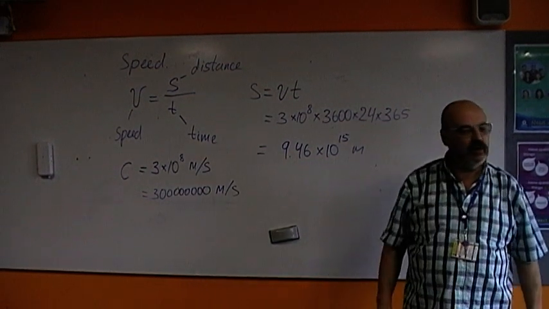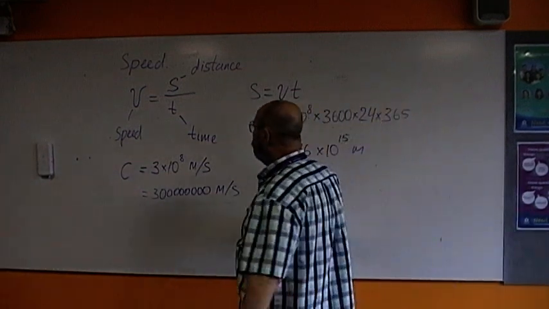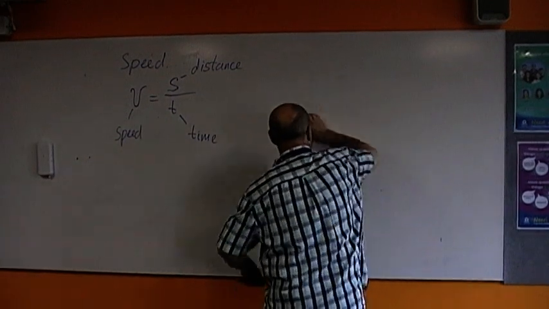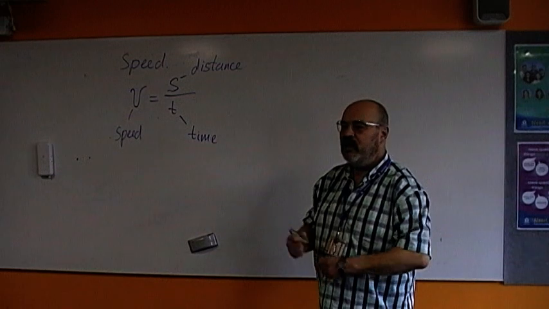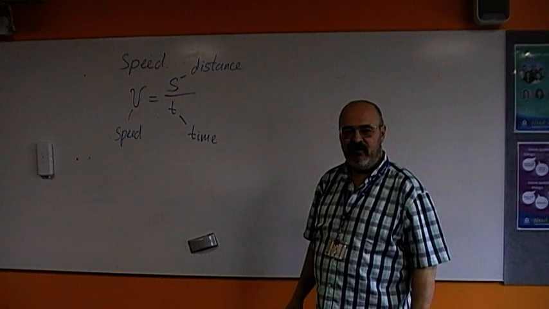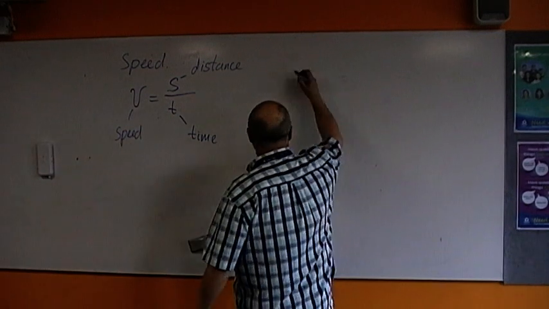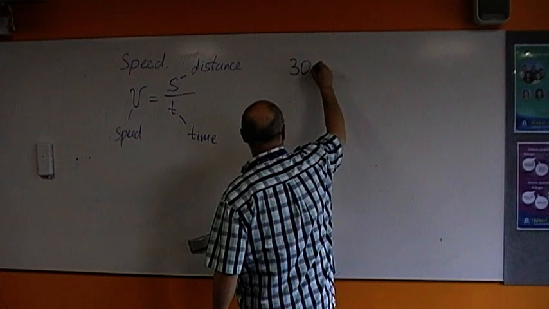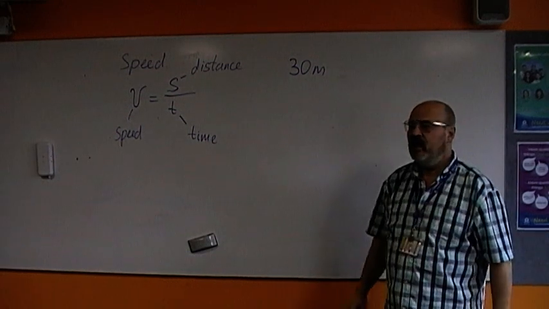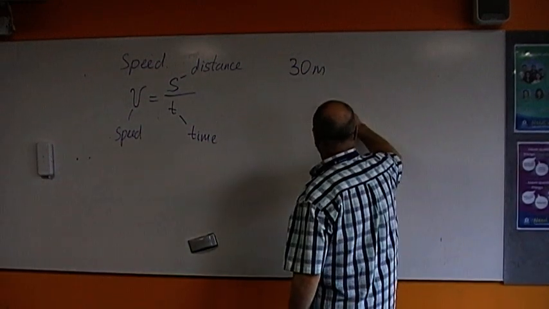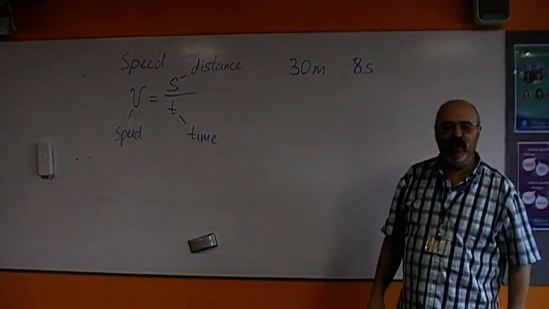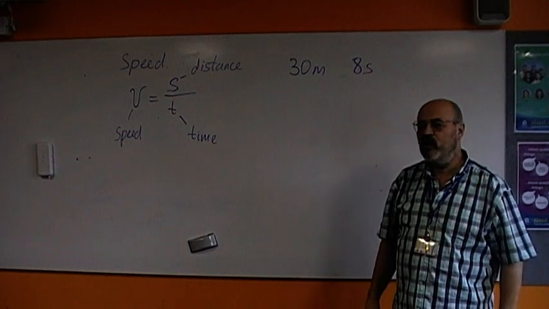And let's get back to more simple questions on speed. So, if Cleo runs 30 meters in 8 seconds, what was her speed?